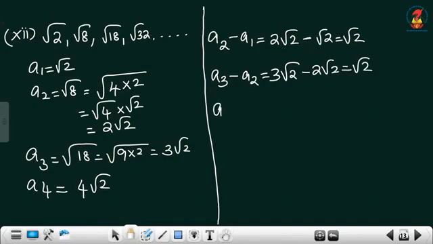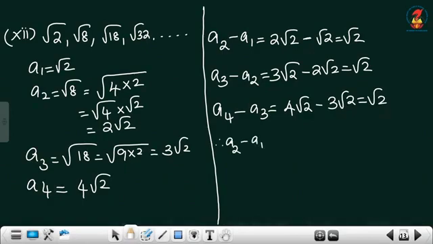Then A4 minus A3 is equal to 4 root 2 minus 3 root 2, which is equal to root 2. Therefore, A2 minus A1 is equal to A3 minus A2 is equal to A4 minus A3. So, the conclusion is it is an AP.